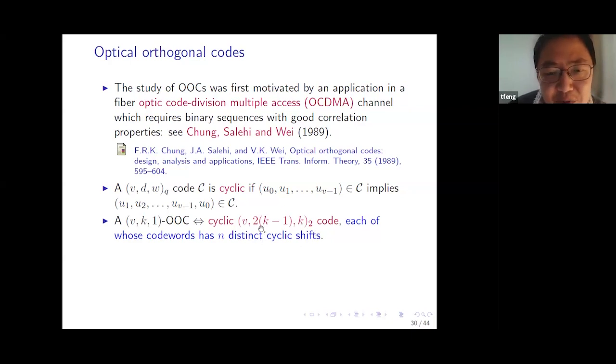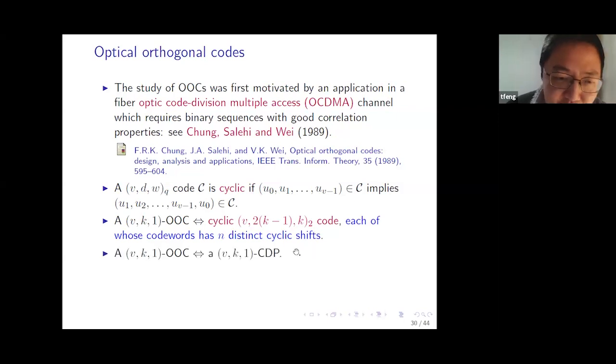The Hamming distance is 2 times K minus 2, and the Hamming weight is K. That means we can take the support of each code word, and any two supports intersect in at most one element. So that means a (V,K,1) OOC is nothing but a (V,K,1) cyclic difference packing. So they are totally equivalent.